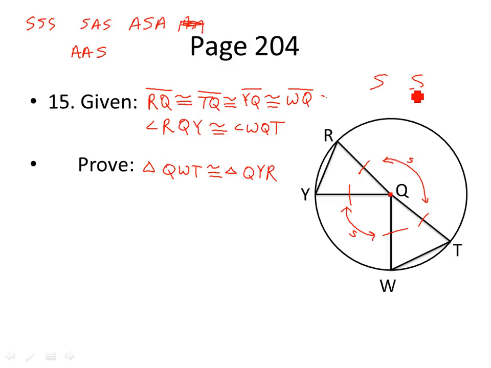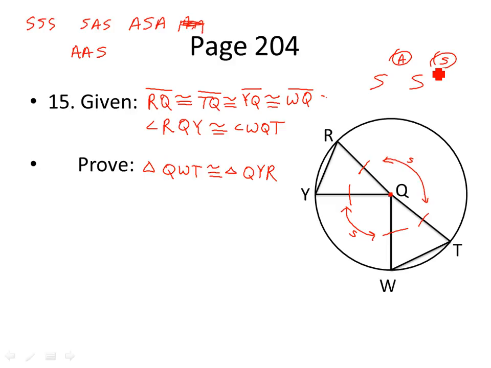How many parts do we need to prove a triangle congruent to another one? 3 parts. 3 parts in every one of these, right? So we got a side and a side. Which two of these 4 could we be using? Side angle side, or what's the other one? Side, side, side. So either we need a pair of angles or a pair of sides. We go to the next given.